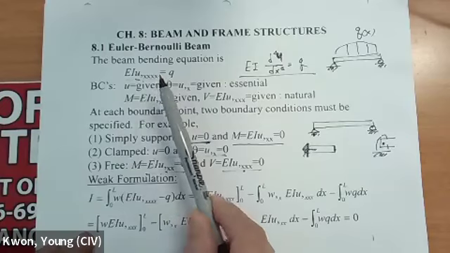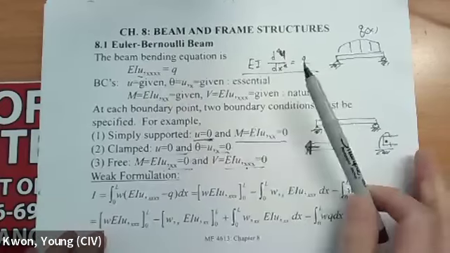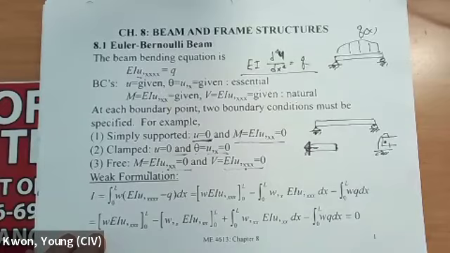Okay, so we are going to use the same procedure. In other words, we are going to use the method of weighted residuals. That means your residual multiplied by a test function and integrated over the domain 0 to L, the length of the beam, equals 0.